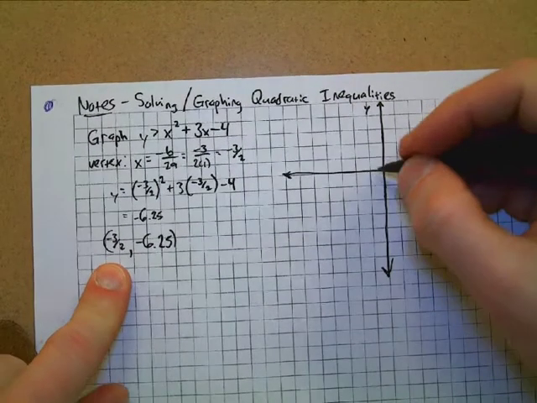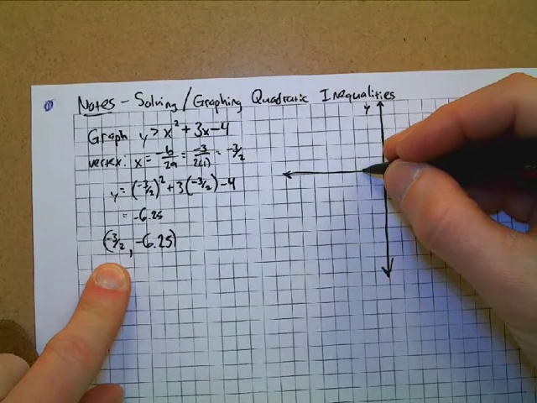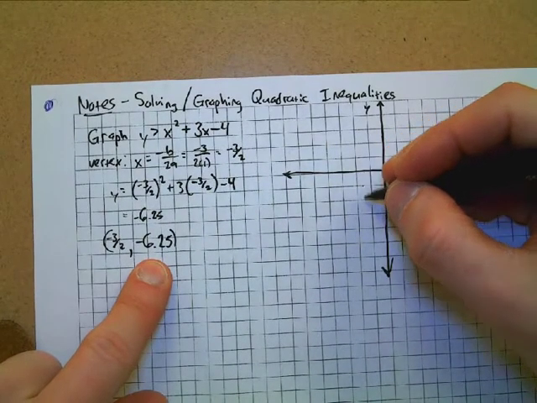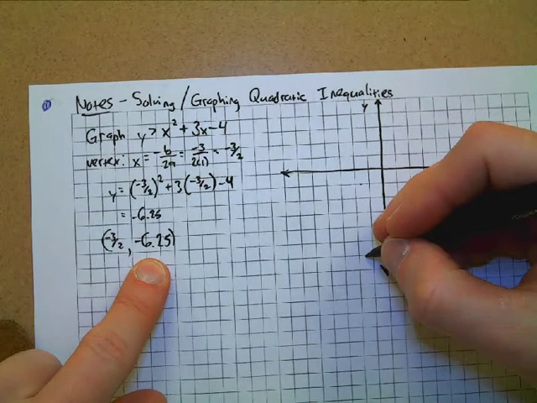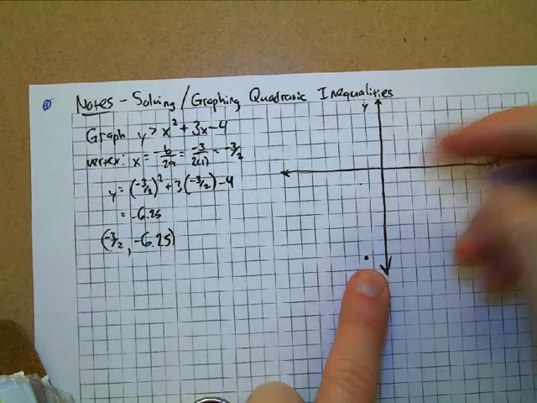So there's negative 1, and then negative 1.5 would be halfway, and I'll go down 6. So 1, 2, 3, 4, 5, 6, and then a quarter would be right there, we'll say. I'll put my point.